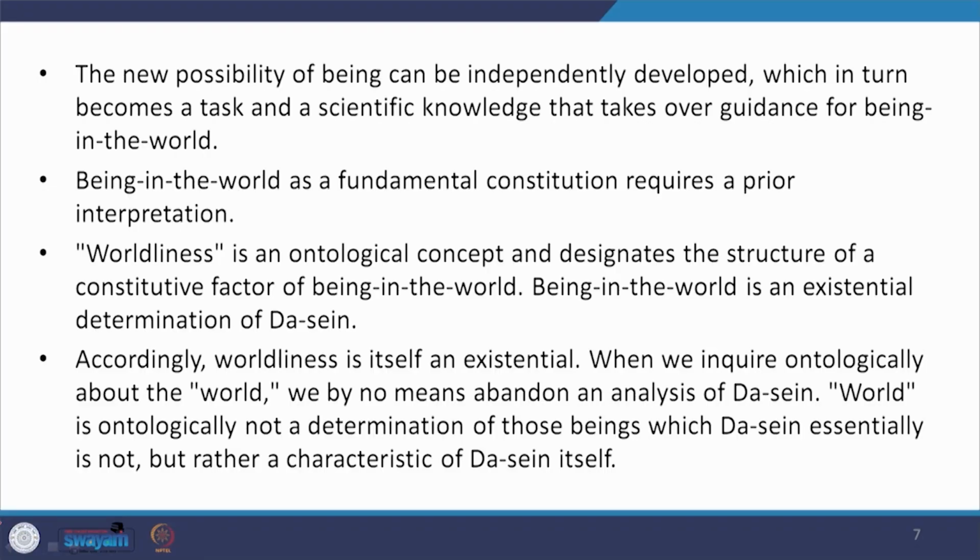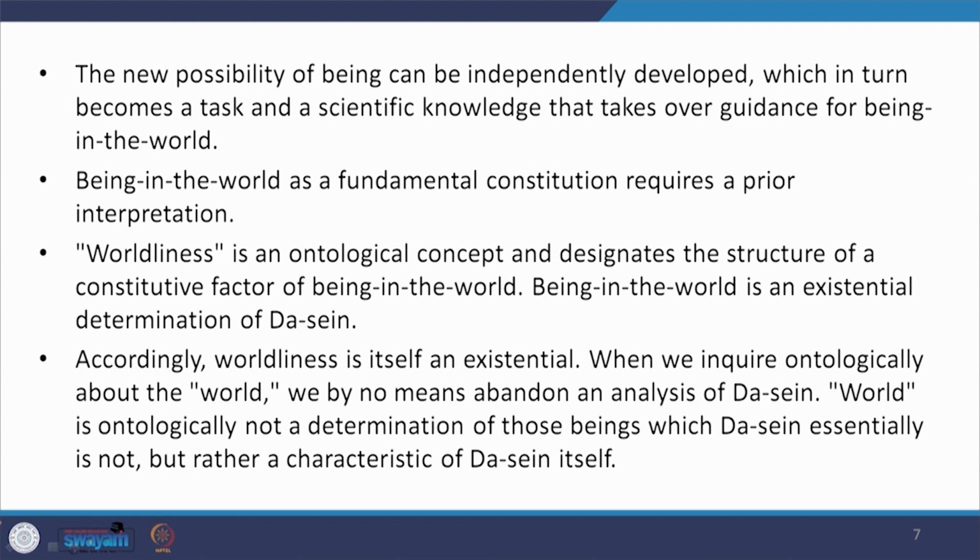We see that the answers lie within. The new possibility of being can be independently developed, which in turn becomes a task and a scientific knowledge that takes over or becomes a guidance for being in the world.